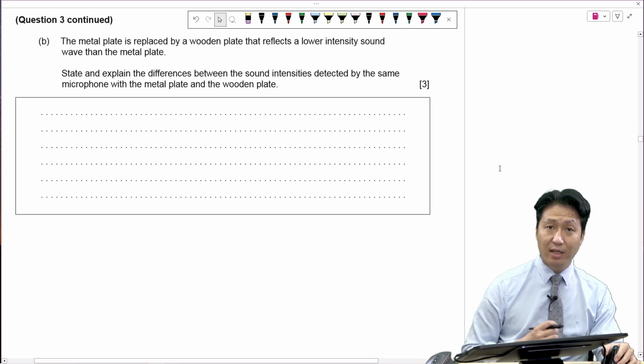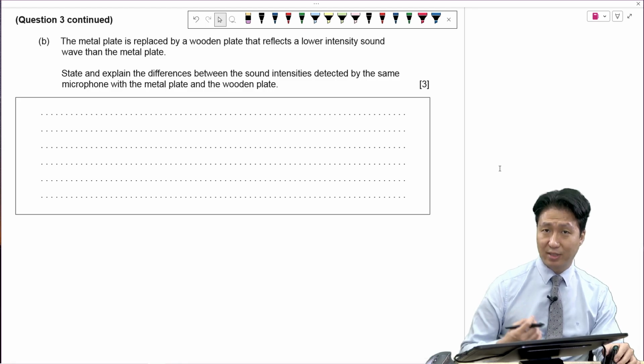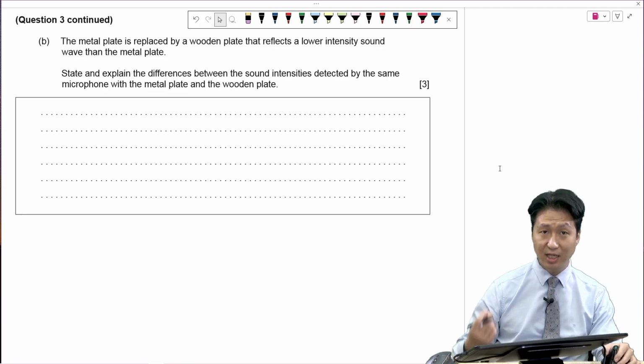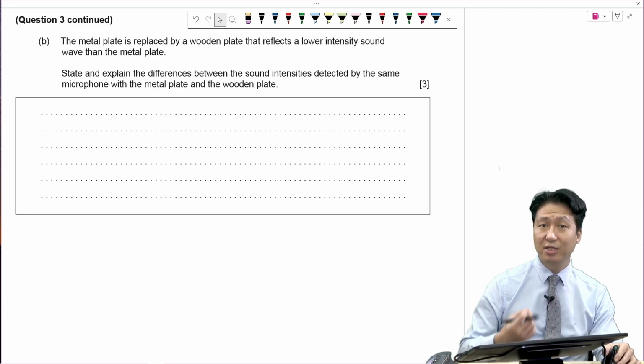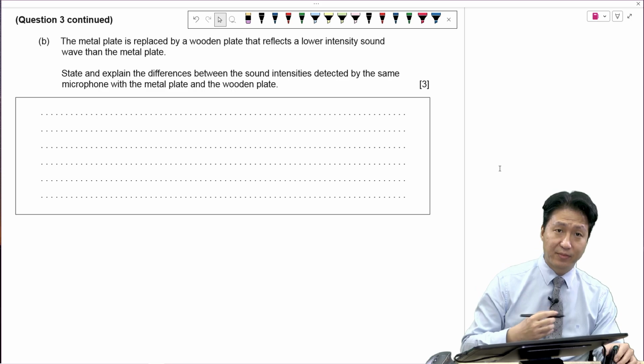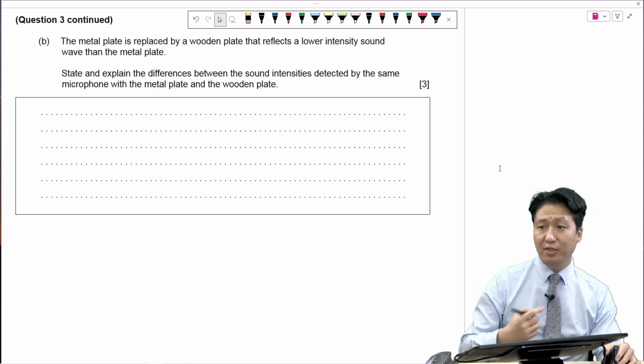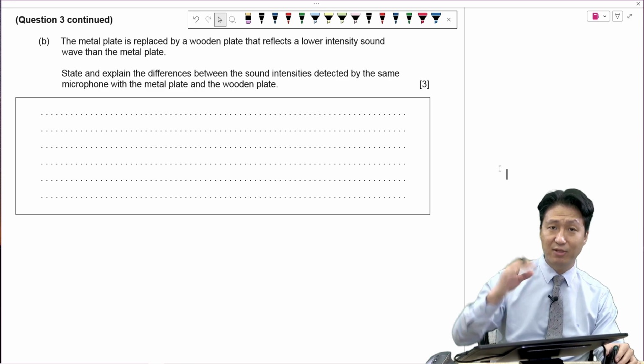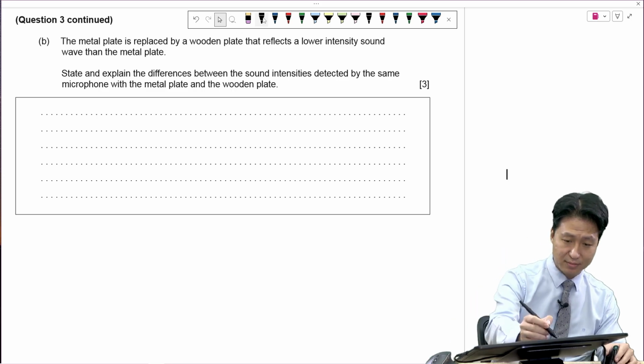Part B. The metal plate is replaced by a wooden plate that reflects a lower intensity sound wave than the metal plate. State and explain the differences between the sound intensities detected by the same microphone compared to the sound intensities detected when it has a metal plate. Okay, so first of all, if you have a wooden plate, the reflected waves have smaller amplitudes, right?